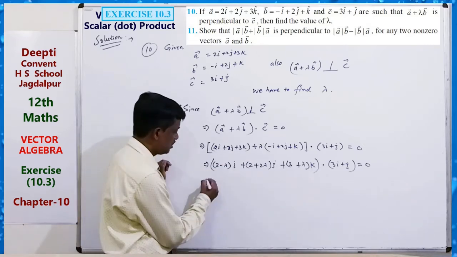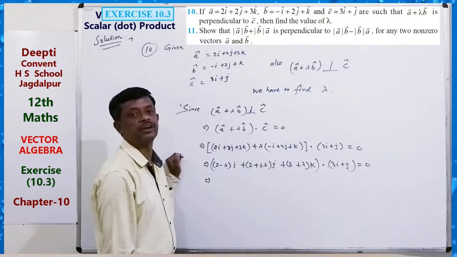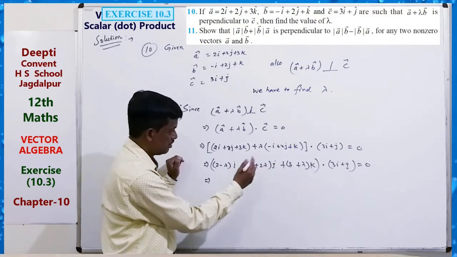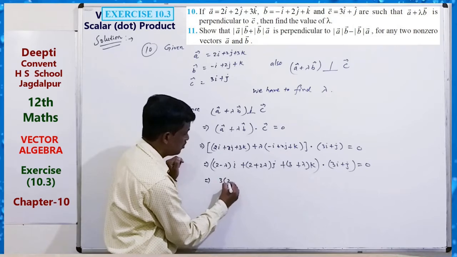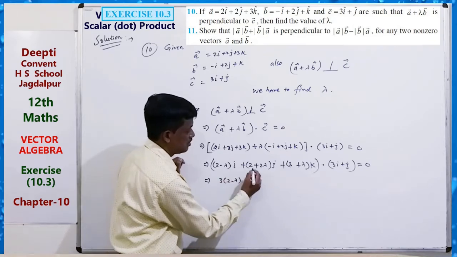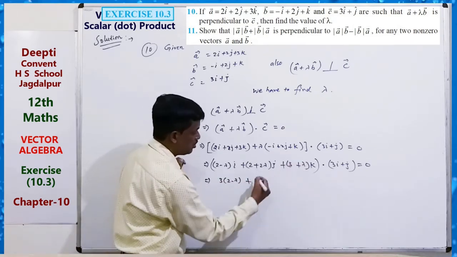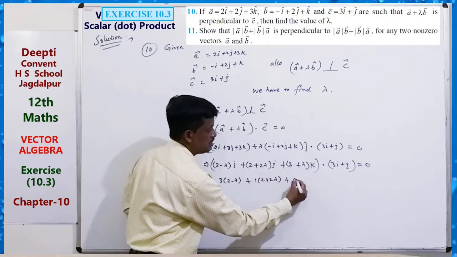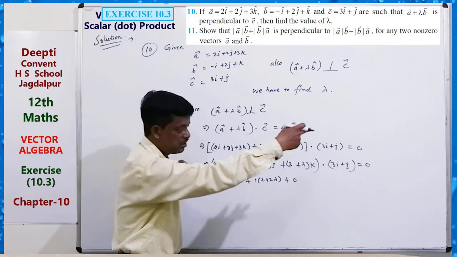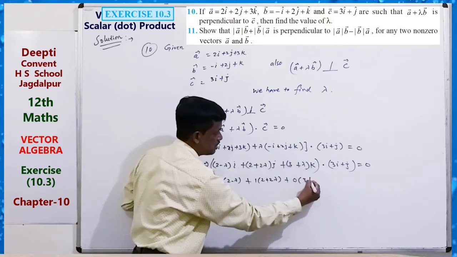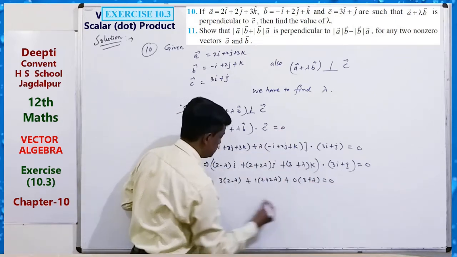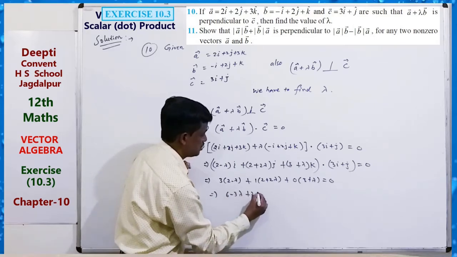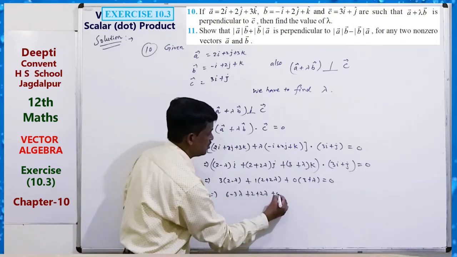So just take the dot product of these two vectors. Product of coefficients of i: 3 into 2 minus lambda, plus 1 into 2 plus 2 lambda, plus 0 into 3 plus lambda, since the coefficient of k is 0. Just solve it. 6 minus 3 lambda plus 2 plus 2 lambda plus 0 equals 0.